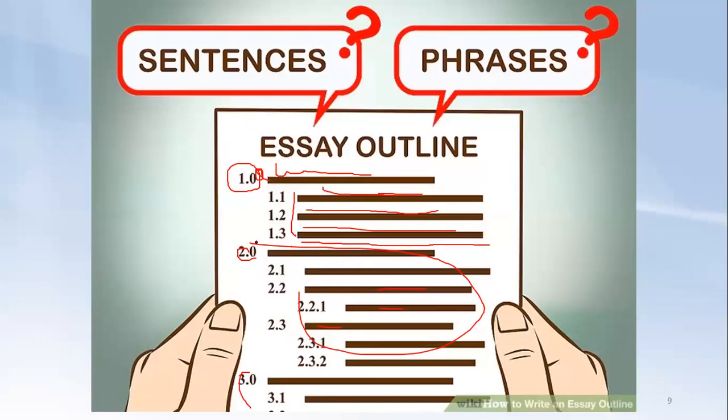Clear? Then when we start body paragraph number 1, for example, we write about the causes of unemployment. So here cause number 1, high illiteracy rate. Corruption, lack of technical education, or a lack of education.